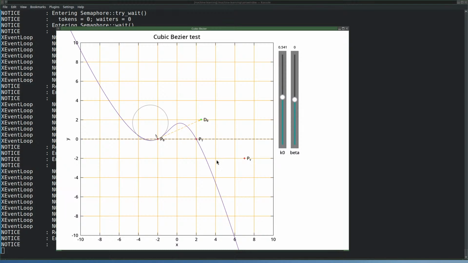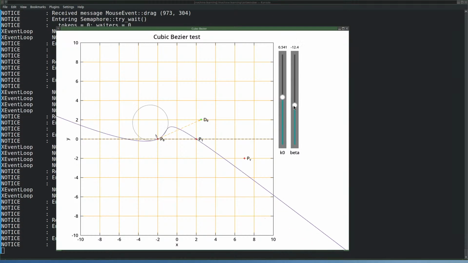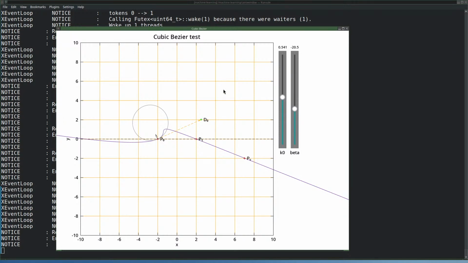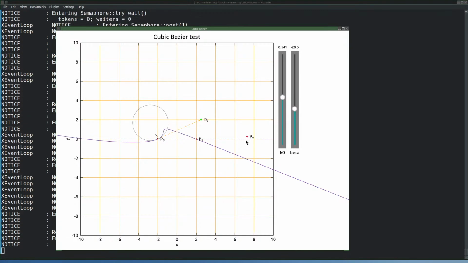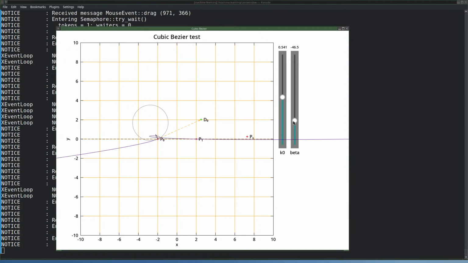Look what happens if I try to fit this curve through P gamma by changing this. That's an absolutely horrible curve to fit between P0 and P1. What you want is something else than this. And it even gets worse if you put this point higher.